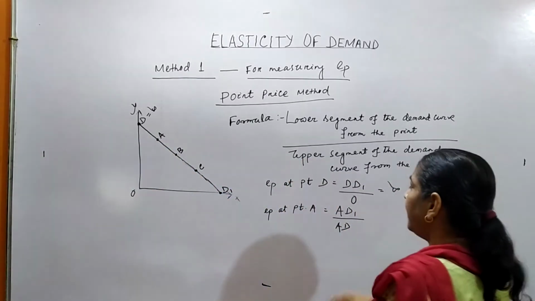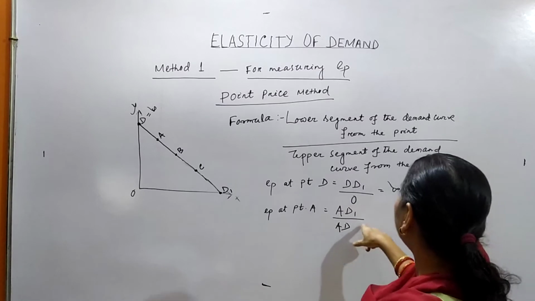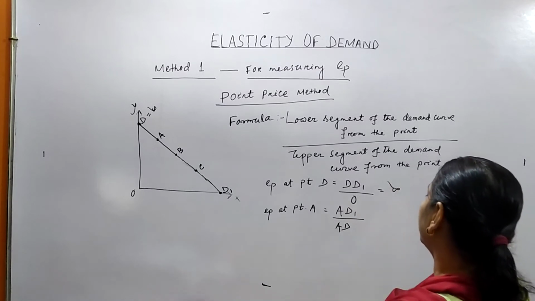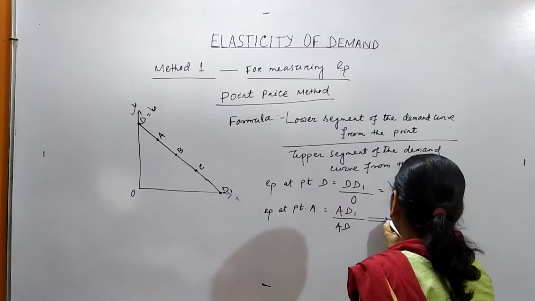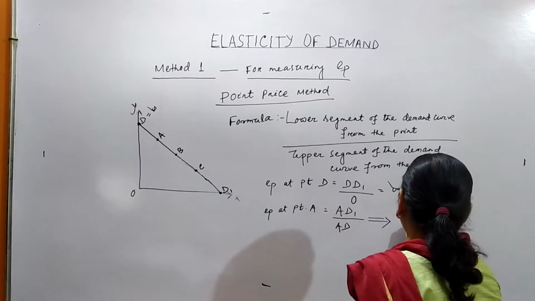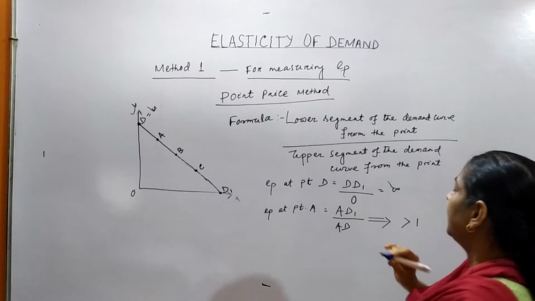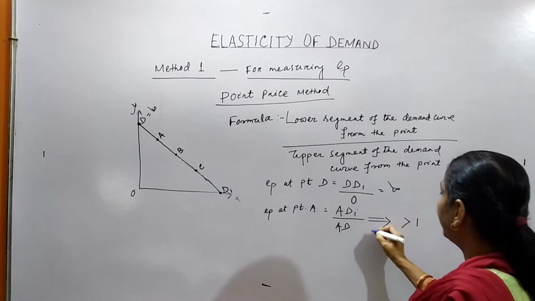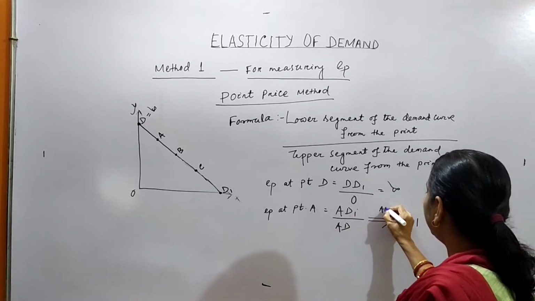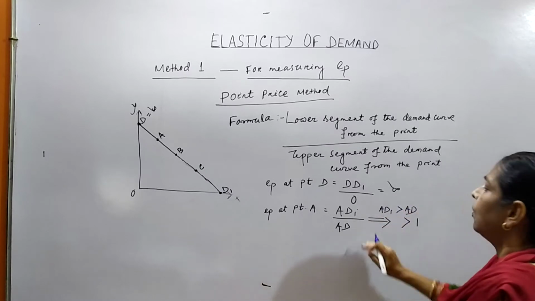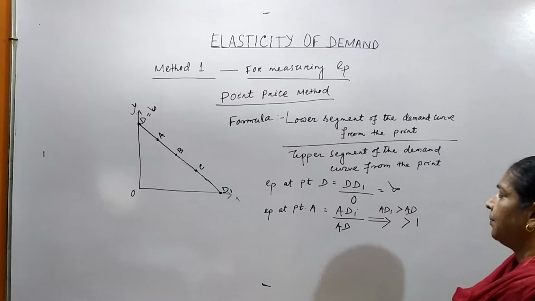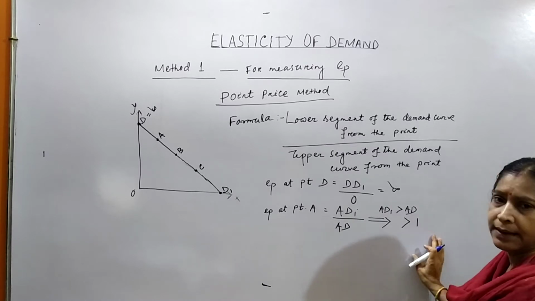So numerator is greater than denominator. So EP का value कितना होगा? EP will be greater than 1, because here numerator AD1 is greater than AD. So the value of EP at point A is greater than 1.